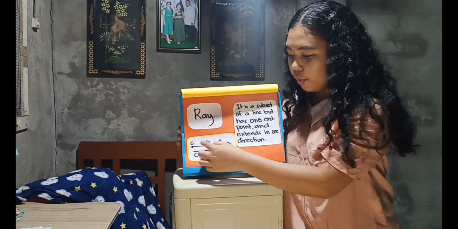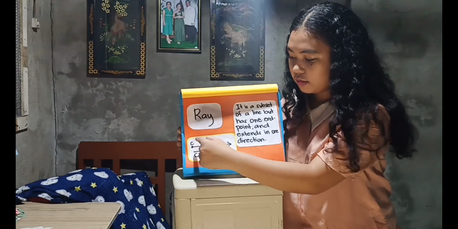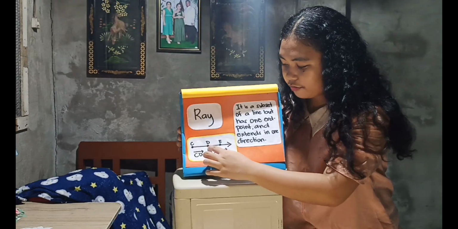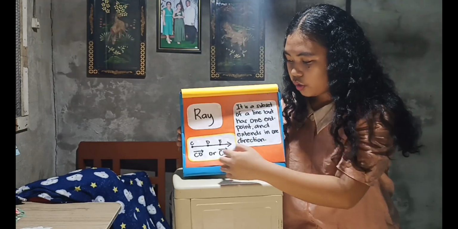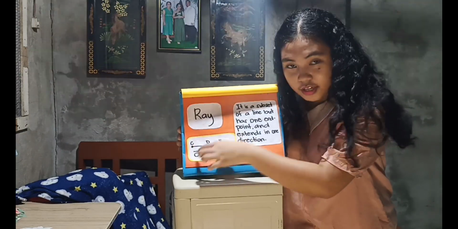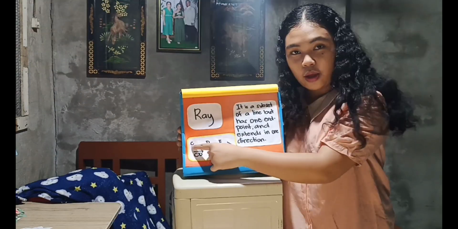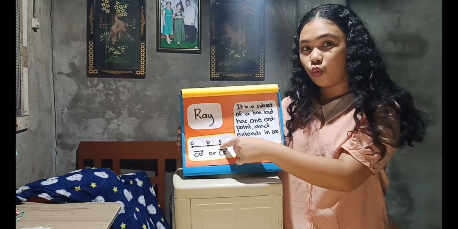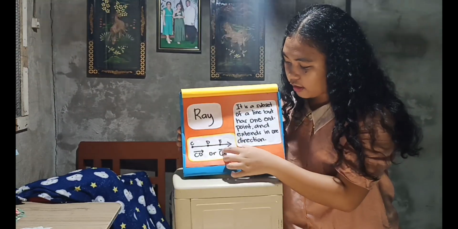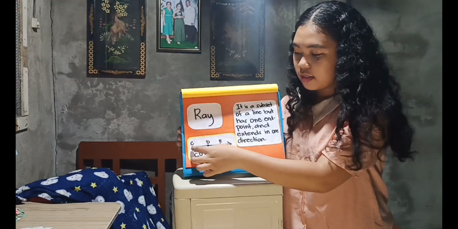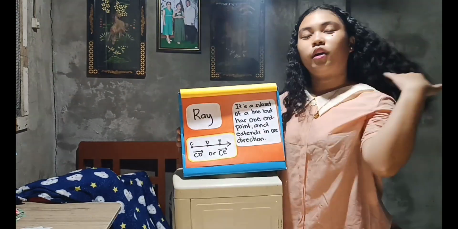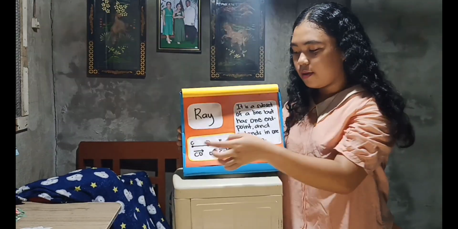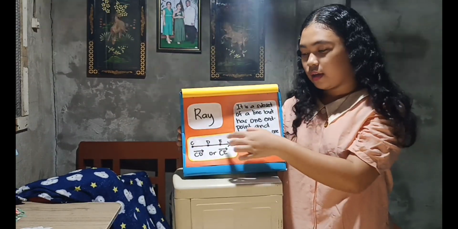One endpoint is C. We can also have D and E. So you can have ray CD, with one endpoint and extending in one direction, and then ray CE, where your endpoint is C and it extends to E.